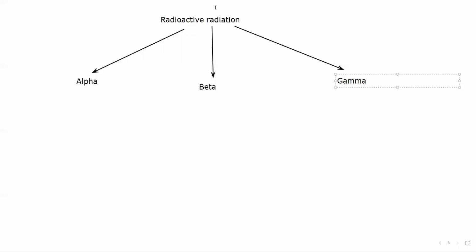You should learn the symbol for each radiation. Alpha, this is alpha; beta, like B, a Greek alphabet; and gamma, like R.